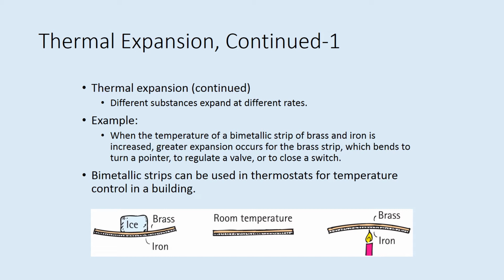So the property that we want to make use of, which is in this case, we are going to discuss the concept of the bimetallic strip, is that when we place two materials with different thermal expansions, the brass is cemented or glued onto the iron, and when we place these in contact, we examine what happens to that strip when it is cooled or heated. Now, the basic point here is that brass has a larger thermal expansion than iron.